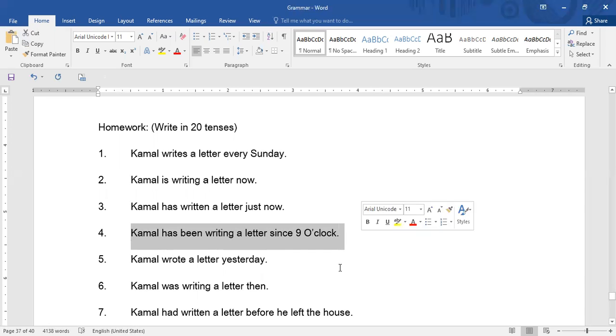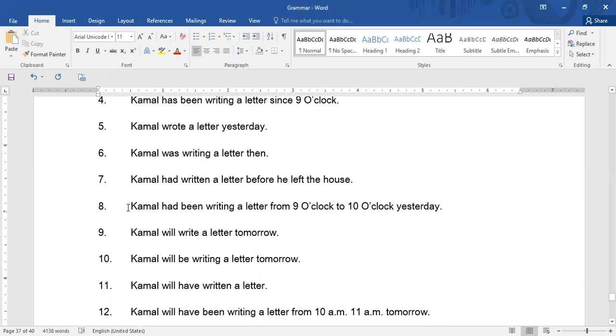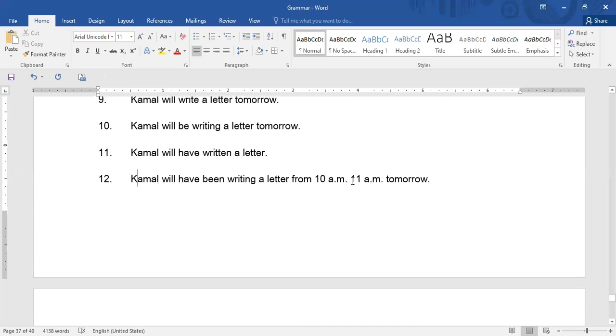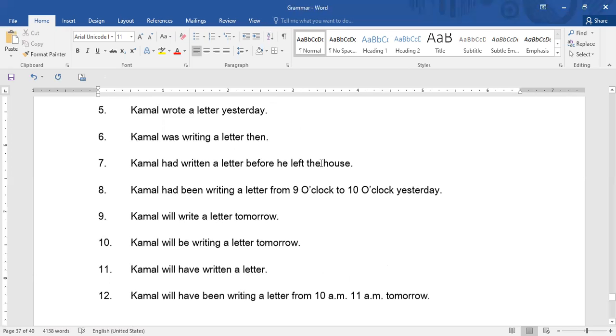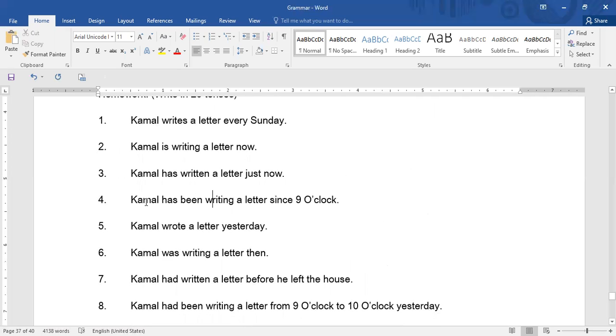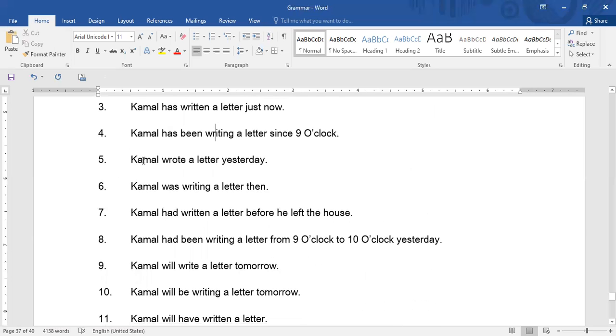Every perfect continuous tense we can't change into passive, and also the future continuous. Future continuous also we can't change into passive. So we omit this.